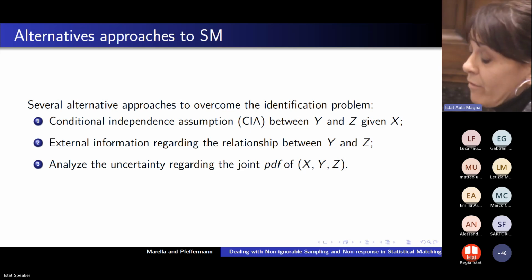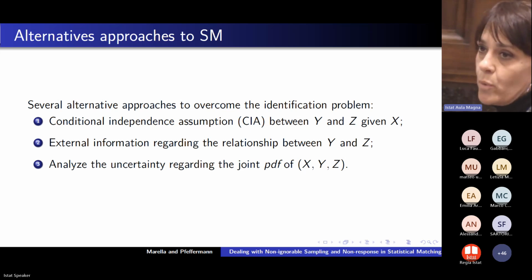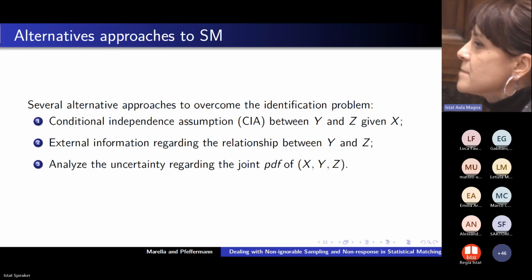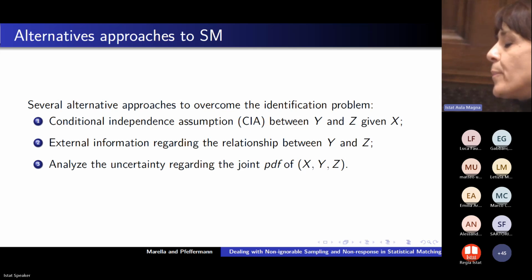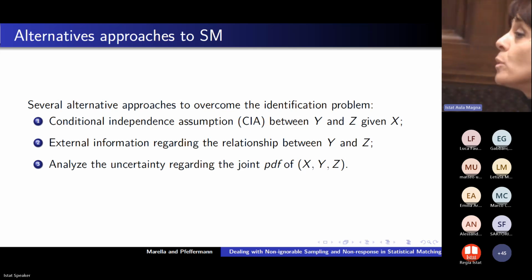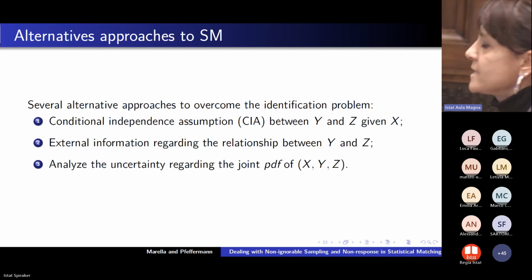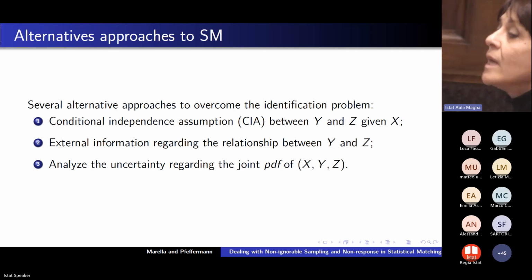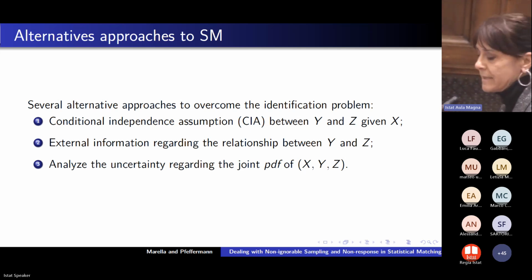And finally, the third approach analyzes the uncertainty regarding the joint distribution function of X, Y, and Z. This means that the last approach defines the class of plausible models compatible with the sample information, that is, compatible with the marginal distributions of X and Y and X and Z that we can estimate from samples A and B respectively.